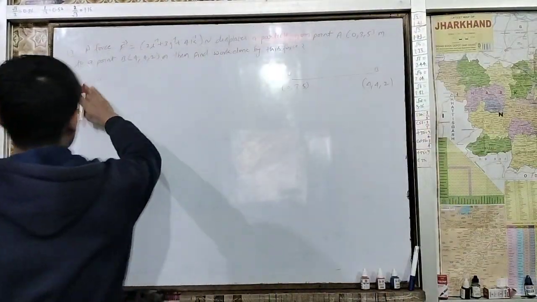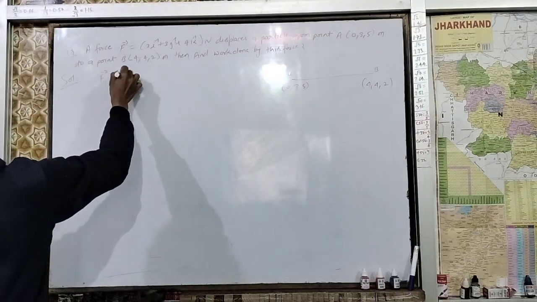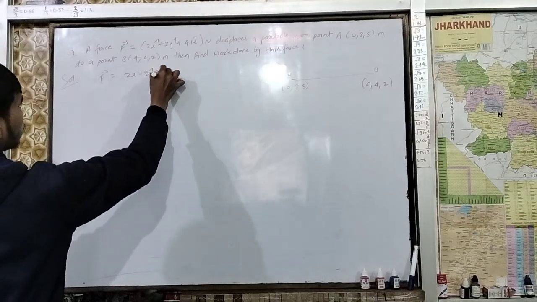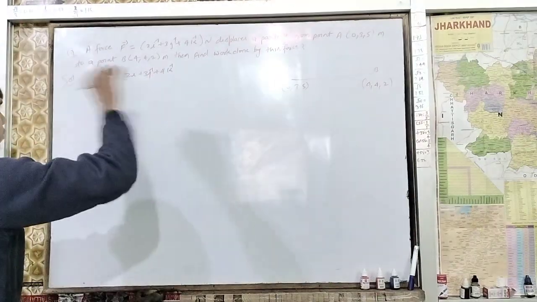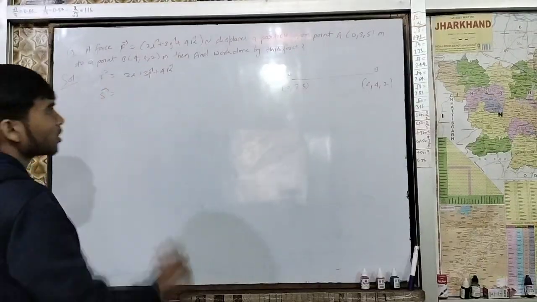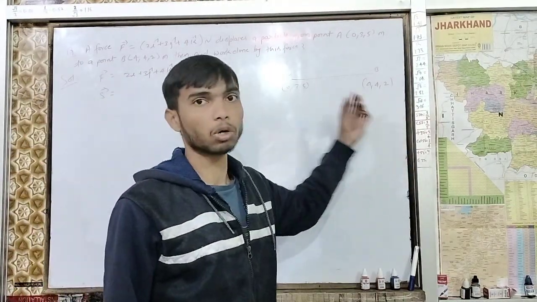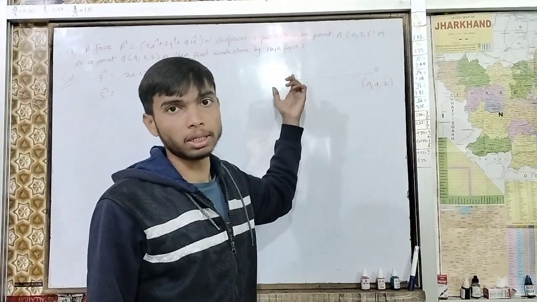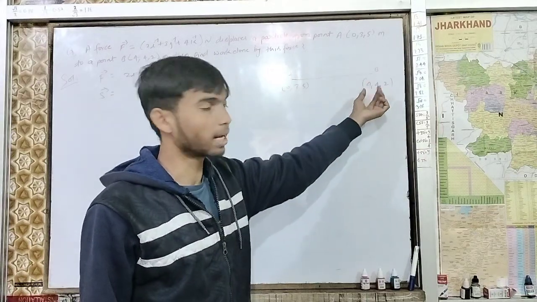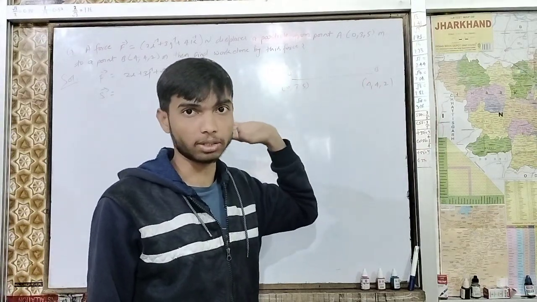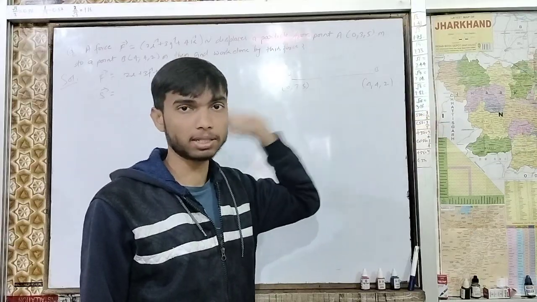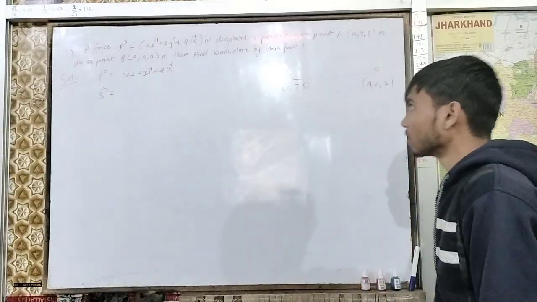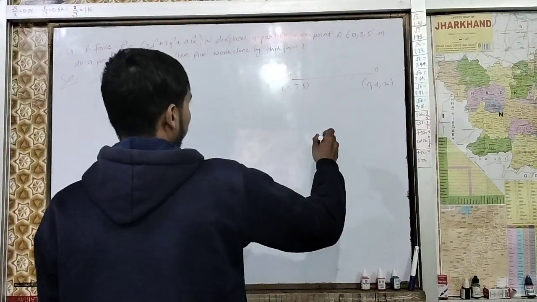Over here, F is given: 2i cap plus 3j cap plus 4k cap. What is the displacement? Displacement would be final minus initial, R final minus R initial, where R is the position vector.